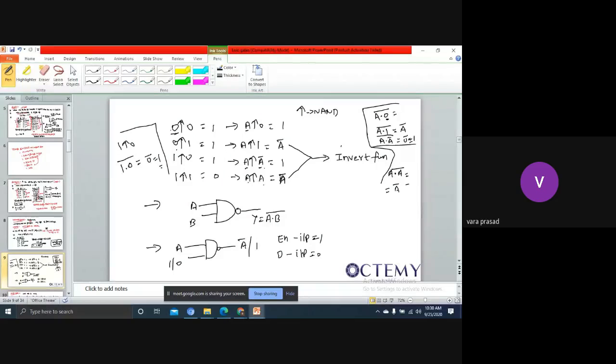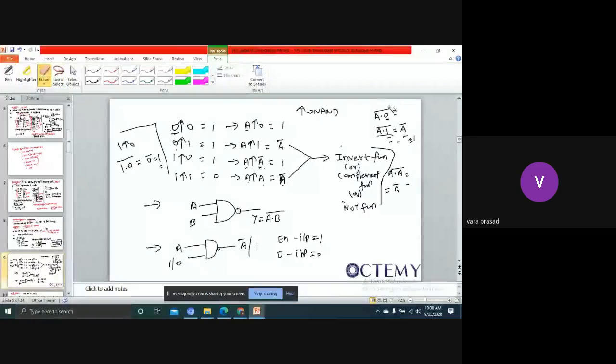This we can call an invert function, complement function or NOT function. This is very, very important. These two points will be helpful further.